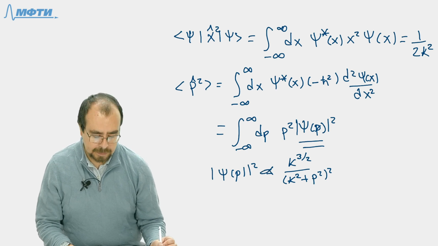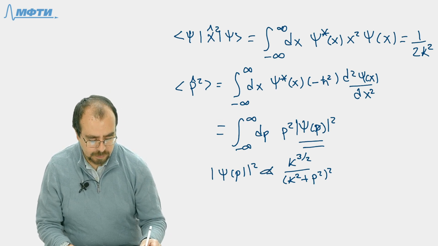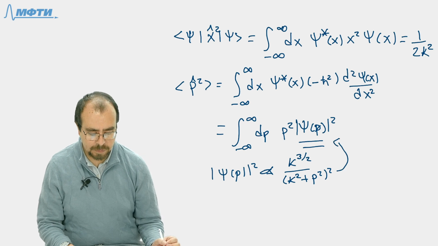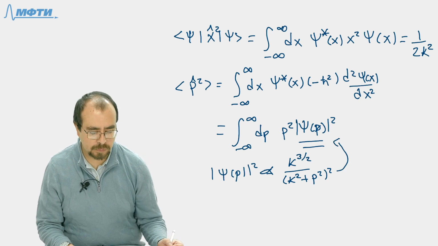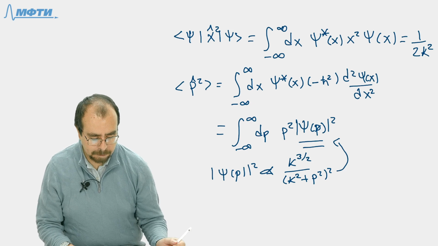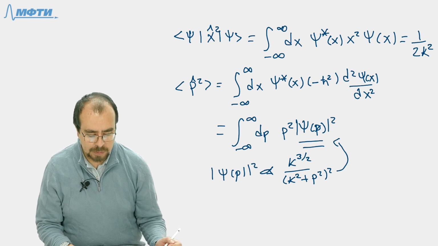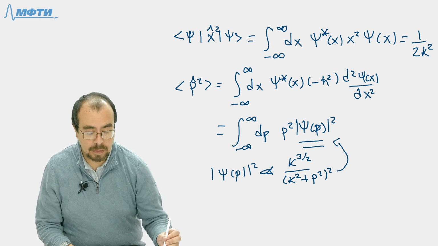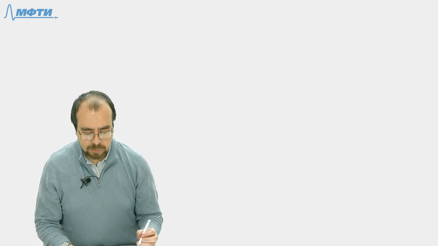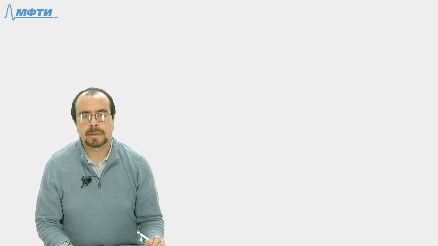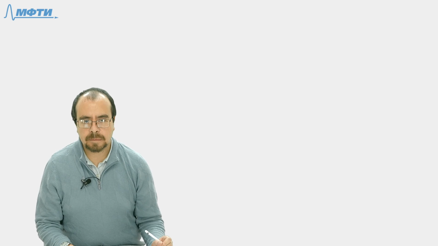And in this case, we can just substitute this expression here and obtain our solution. So in principle, these two different ways to obtain the solution must be the same.